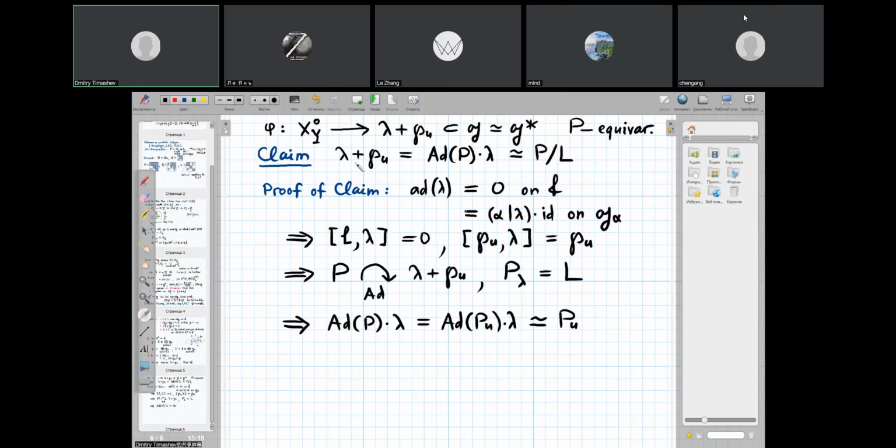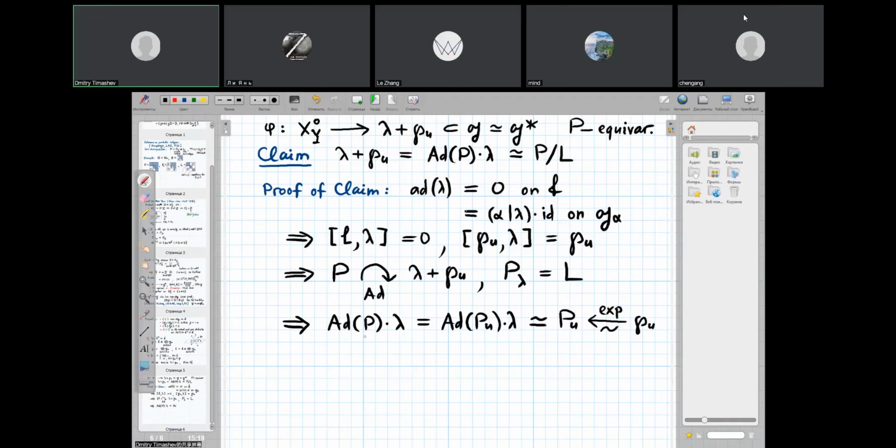But I also want to prove that the orbit is the whole space itself. And to this end, I argue as follows. So this orbit is isomorphic to Pu. And Pu as an algebraic variety is in fact just an affine space, because we have an exponential isomorphism, an exponential map from the Lie algebra of Pu to Pu. And since Pu is a unipotent group, this exponential map is an isomorphism. This is a property of unipotent groups.